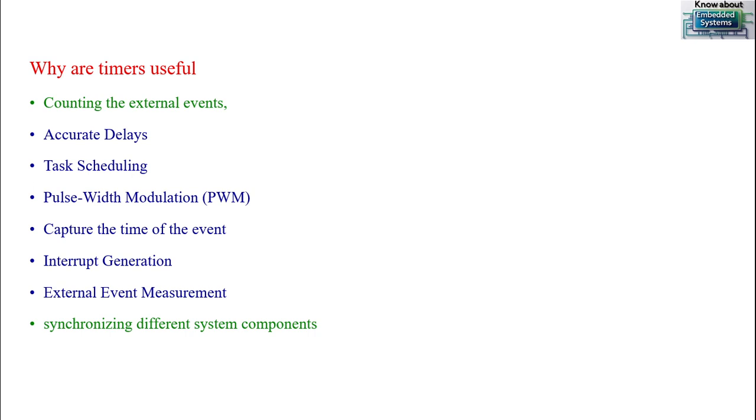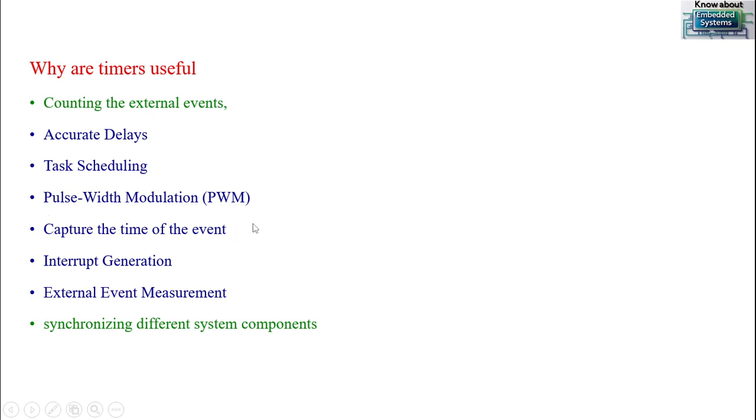And if you want to generate an accurate delay, a 100% accurate delay, then we use a timer. And if you want to schedule different applications, the best example again is a washing machine. Different functionalities are defined in the washing machine, and based on time, they are triggered with the help of the timer.